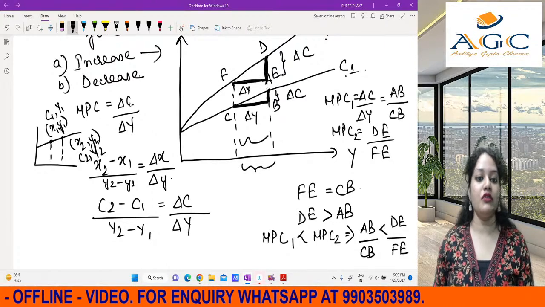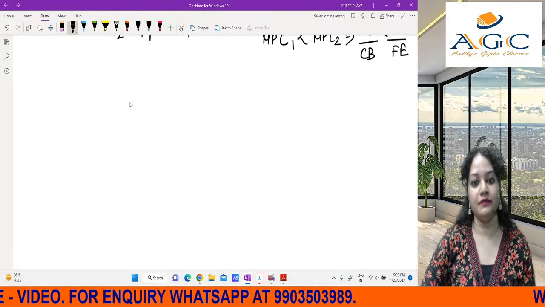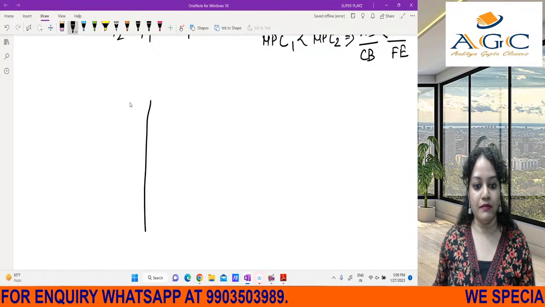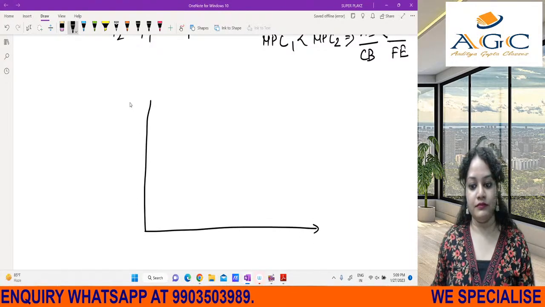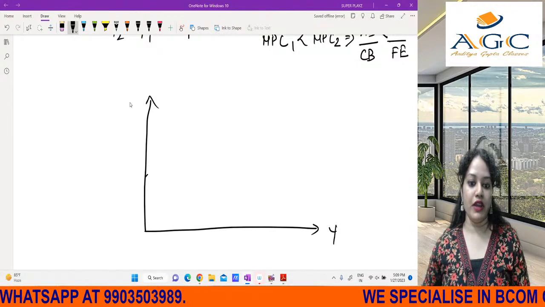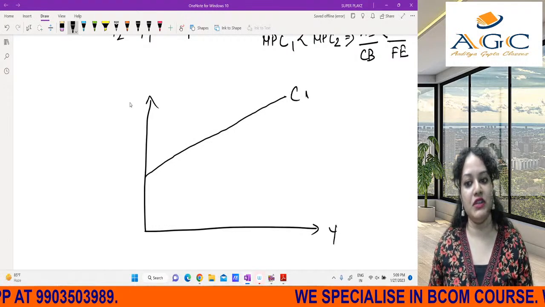But when you are talking about your decrease in MPC, the diagram would just be the opposite. You are drawing the same diagram, but this time you will be drawing the upward line first, assuming this to be C1.